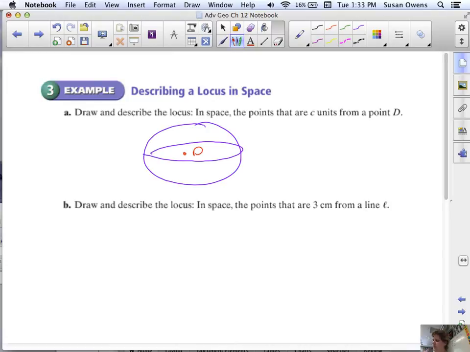So I'm going to draw that the radius is C. So a sphere centered at D with a radius of C.